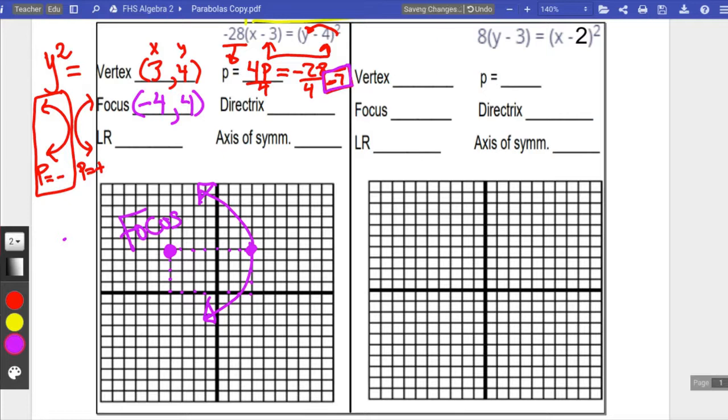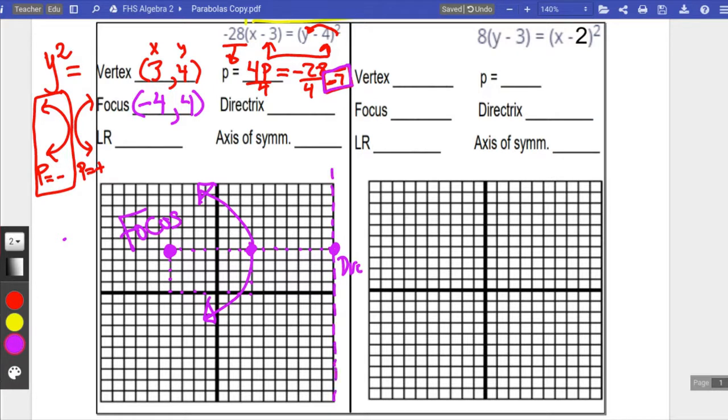How do I find the directrix? Same thing. You go the other direction 7 times. 1, 2, 3, 4, 5, 6, 7. That is called the directrix. To get the location for it, you have to draw a line that passes through it.